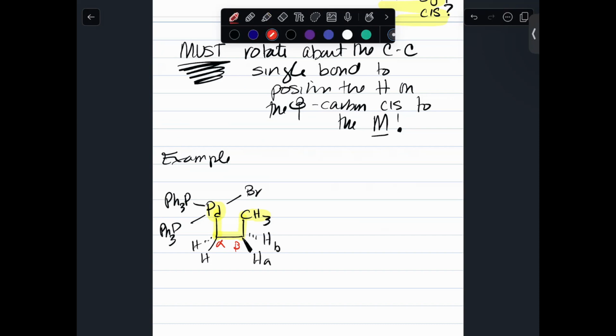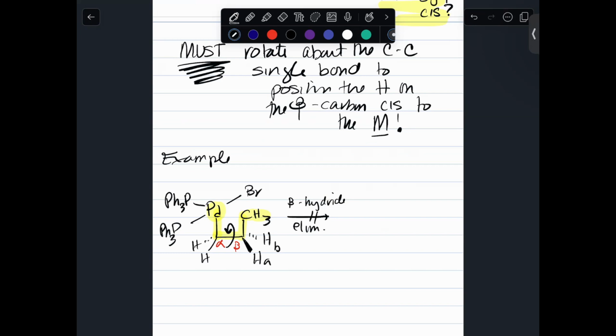I need to do a beta hydride elimination. But I can't, because my CH3 group is syn. So I have to rotate about the carbon-carbon single bond and put one of those hydrogens in the syn position.